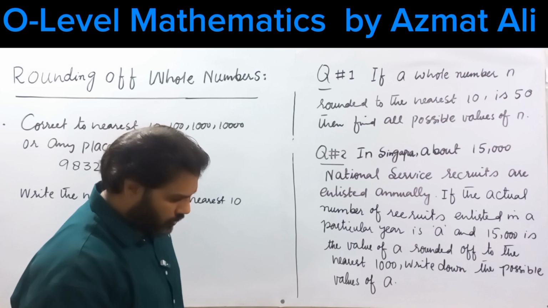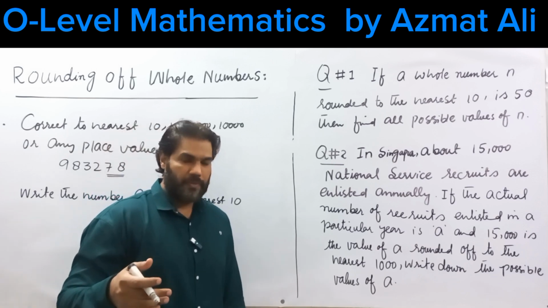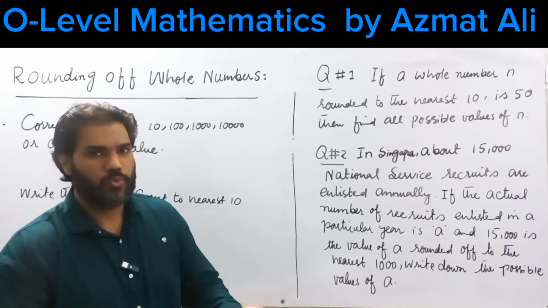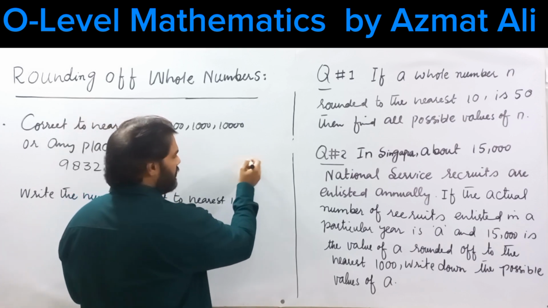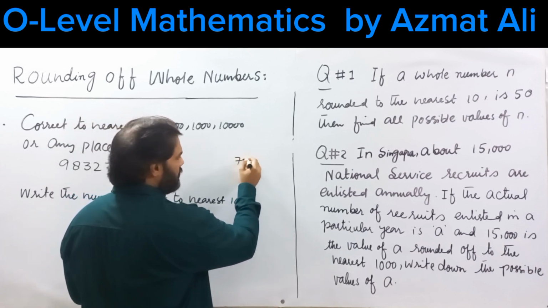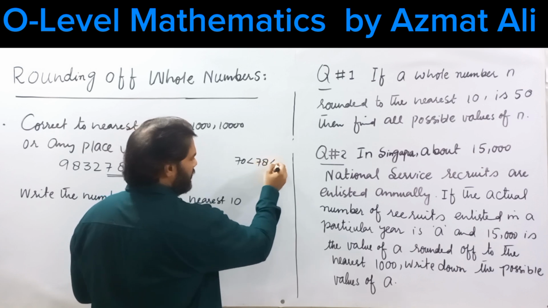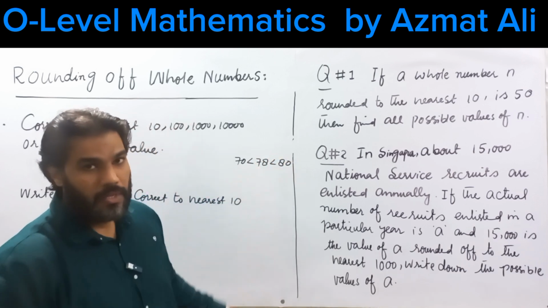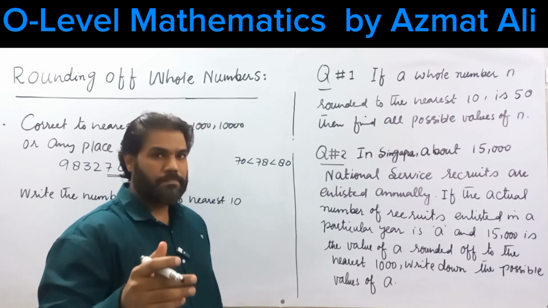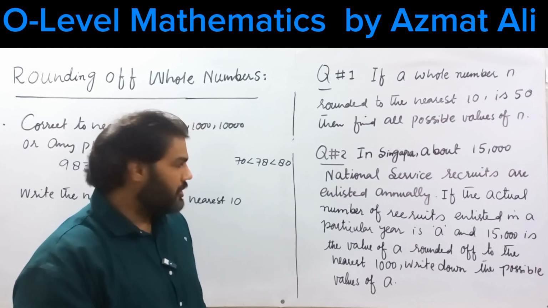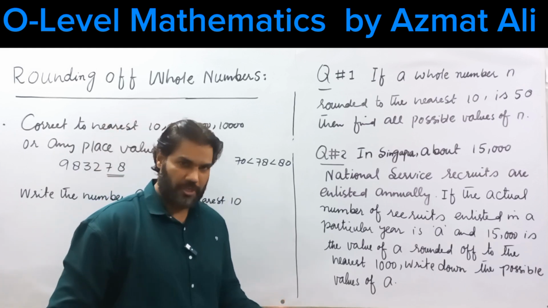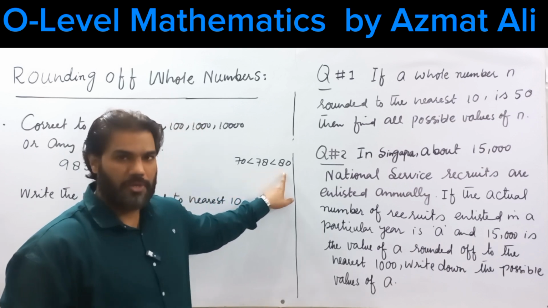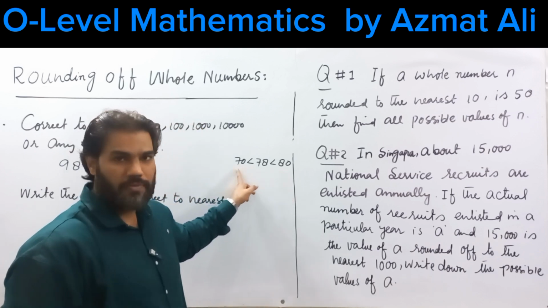Now you have to decide which two numbers 78 lies between. 78 lies between 70 and 80. Now whether 78 is closer to 80 or 70, you can see 78 is 2 units away from 80, while it is 8 units away from 70.